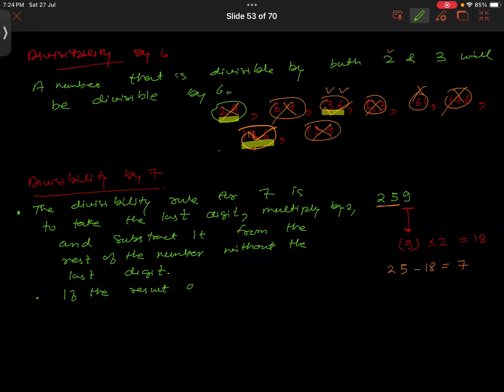So if the result obtained is divisible by 7, then Habib, what can we say? Yes. If the result obtained is divisible by 7, then the whole number is divisible by 7.